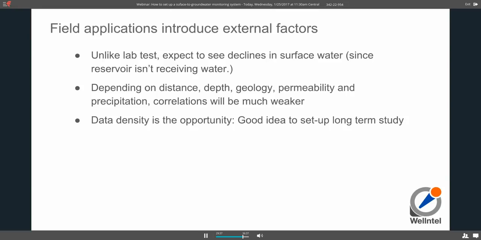But the opportunity is in the data density. What I mean by that is to say, remember that these are both systems that can be set up on 1-minute time intervals, and that the data from the well system can be meta-tagged with pump influenced information so that can be excluded or included.